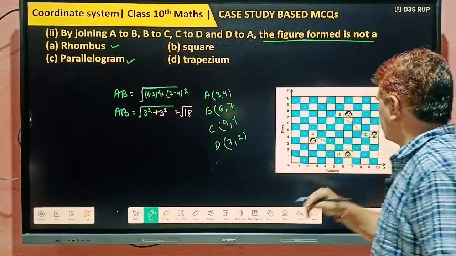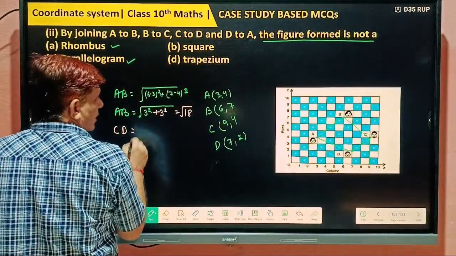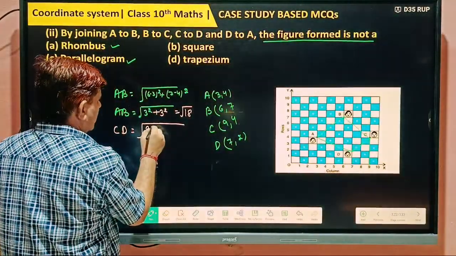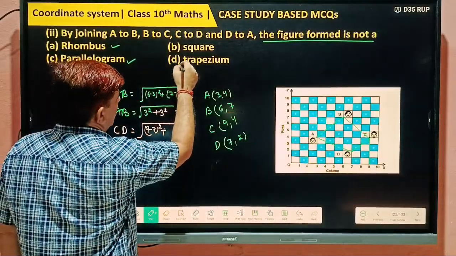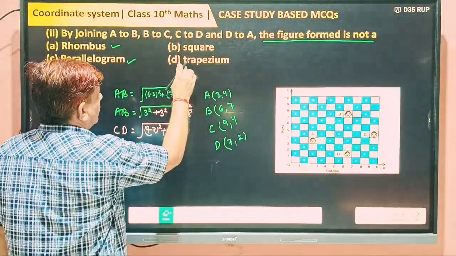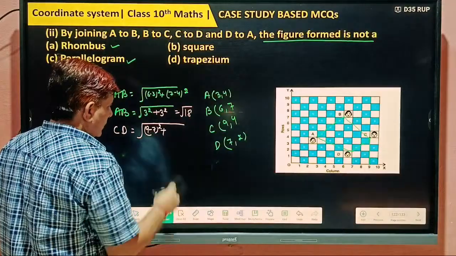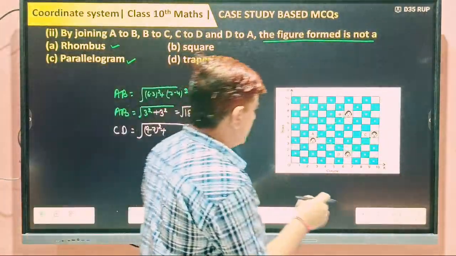Then we can find out CD. CD is what? Under the root (9 minus 7) whole square. Directly I can tell its answer. So what we can say? 9 minus 7 and what is this? 4. C where?